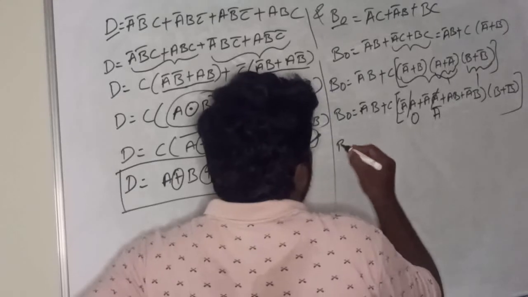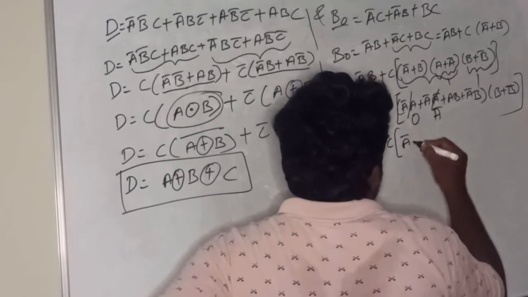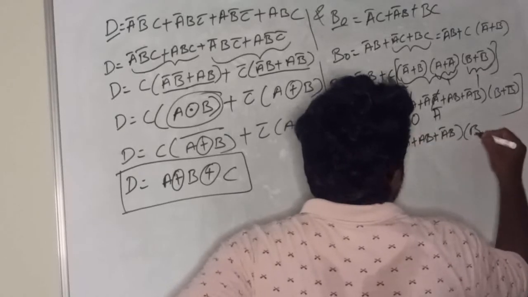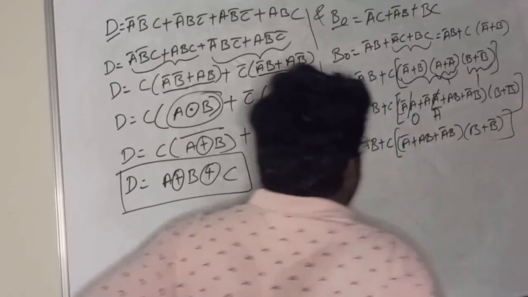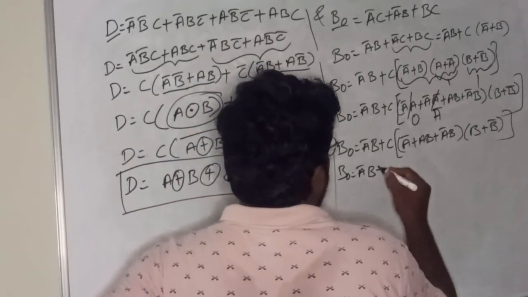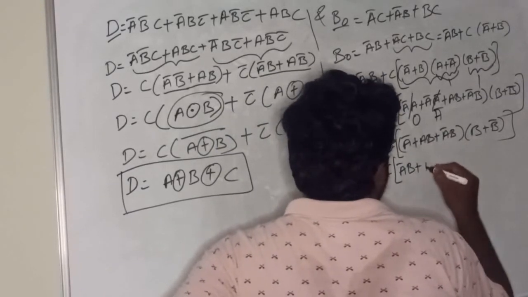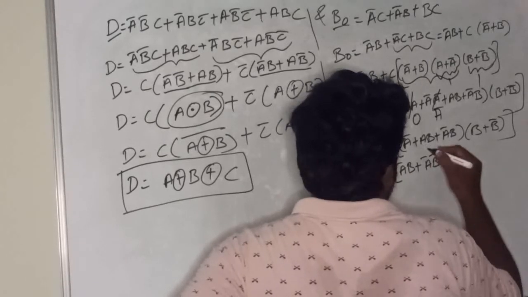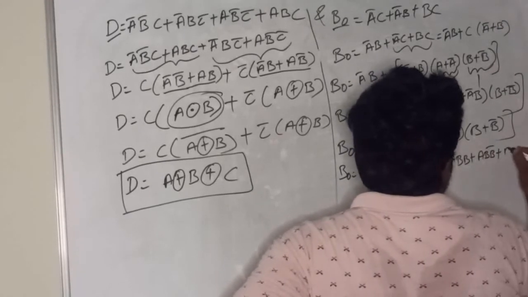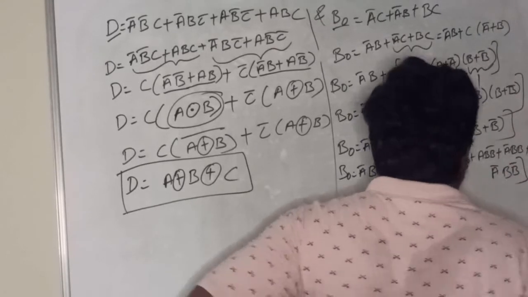So now B naught is equal to A complement B plus C into (A complement plus AB plus A complement B into (B plus B complement)). So this B naught is equal to A complement B plus C into multiplying A complement B plus A complement B complement plus ABB plus AB B complement plus A complement BB plus A complement B B complement, right?